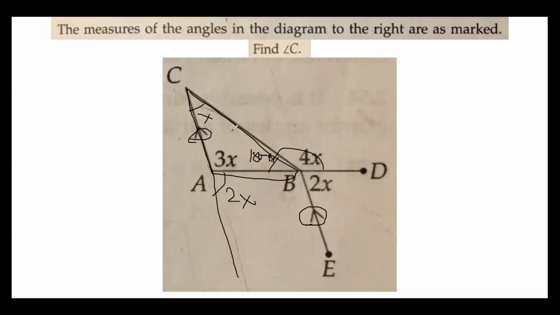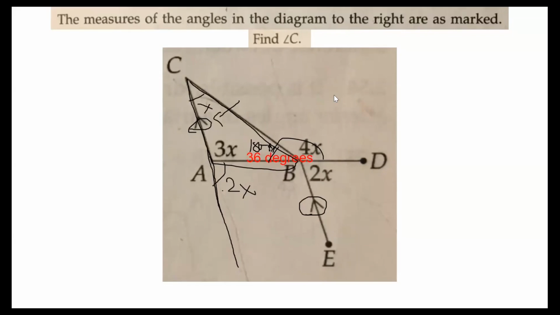Yep, it is. And this is because 3x and 2x add up to 180. This is a straight line, so these are supplementary angles. 3x plus 2x equals 5x equals 180. So x is 180 divided by 5, which is 36. And so that's why this is 36, because it's just equal to x.